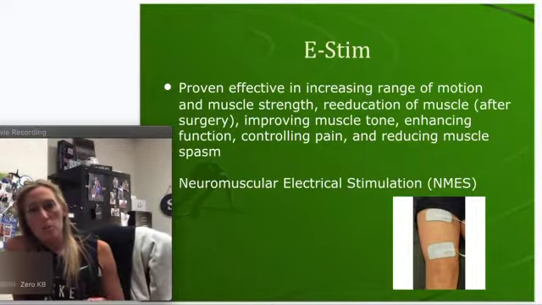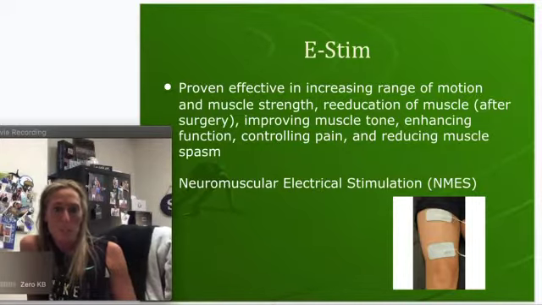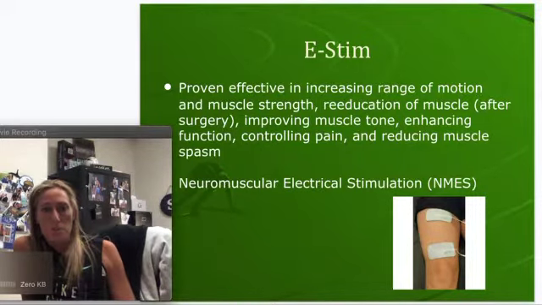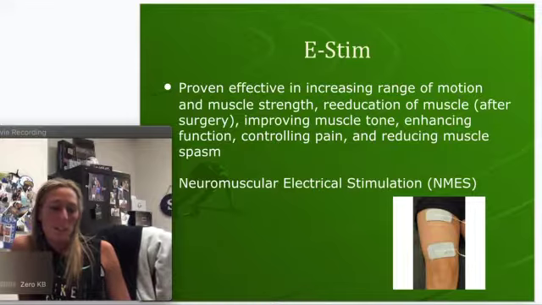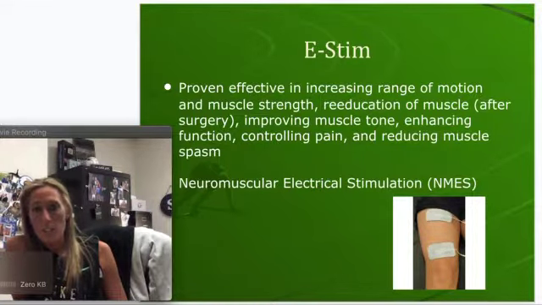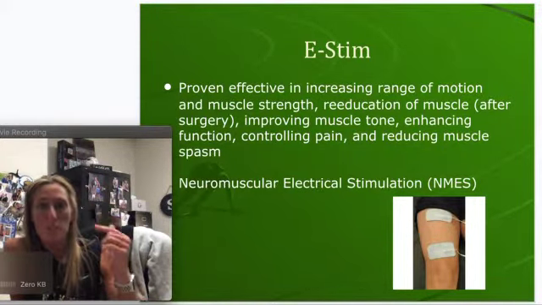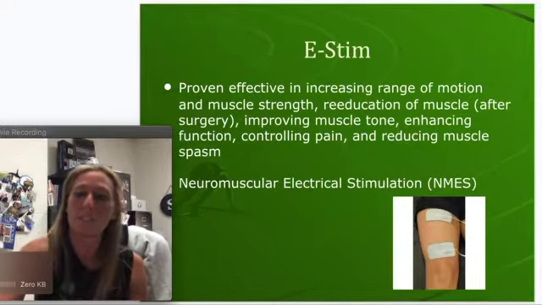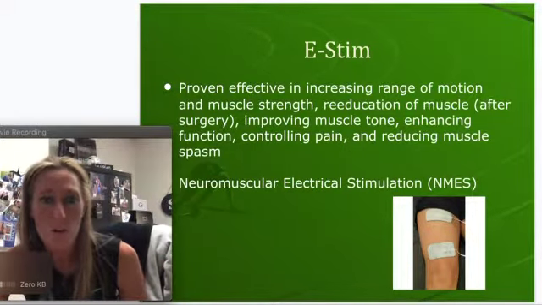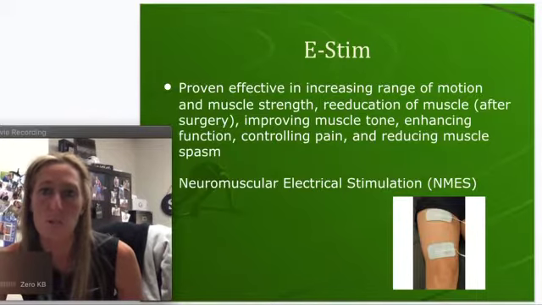By using neuromuscular electrical stimulation, they can artificially fire that muscle, and then the athlete would do a contraction like a quad set, like we did the other day in class, while the E-stim machine is firing the quad. So you're retraining the brain how to fire that quad after a surgery or a time of immobilization where you're not able to use that muscle.